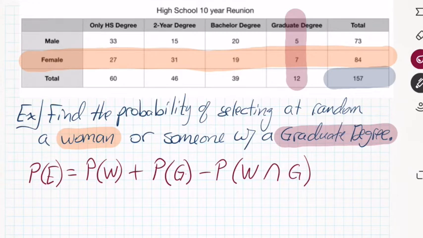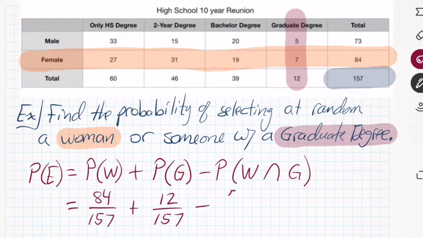All right, so let's substitute in what we know, the probability of women. Now we're talking about all the women, so sure, there's a 27 and a 31 and a 19 and a 7, but for the probability of all women, that's going to be 84 out of the entire group, which is 157. And then for the graduate degrees, we're talking about the total number of graduate degrees, and that's 12 out of 157, minus their intersection, their overlap.